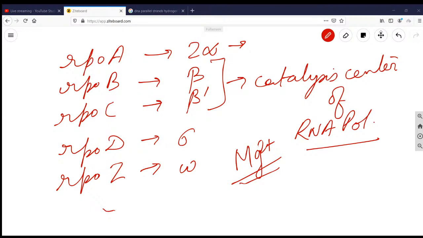Now when we come to the sigma factor, after the sigma factor is bound with the core enzyme, which becomes the holoenzyme, the association constant, as in the chemical equilibrium chapter, of the promoter with the holoenzyme increases 1000 times.